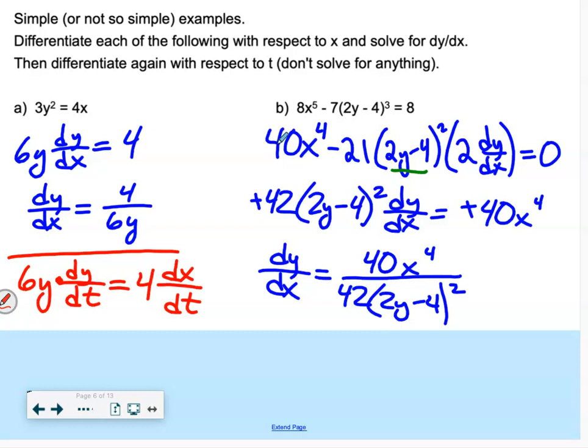All right, so everyone try letter B, subpart 2. Differentiate this thing with respect to t. You don't have to solve for anything. You just leave the first answer at that.